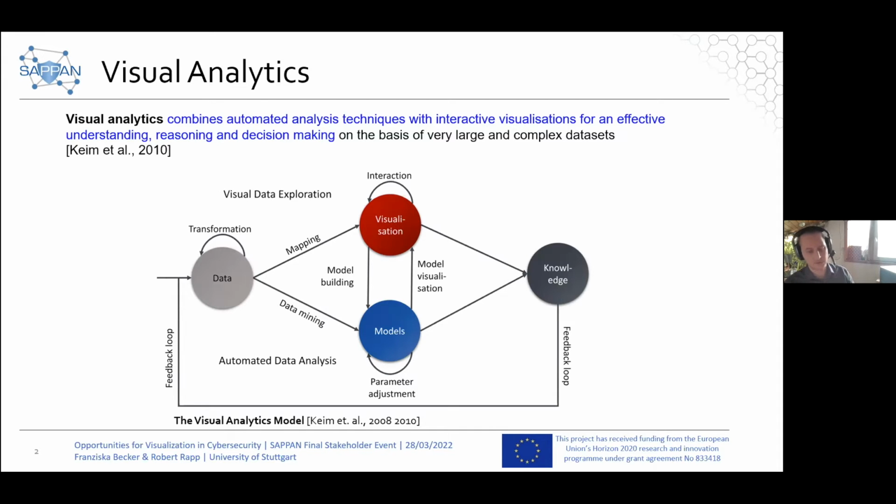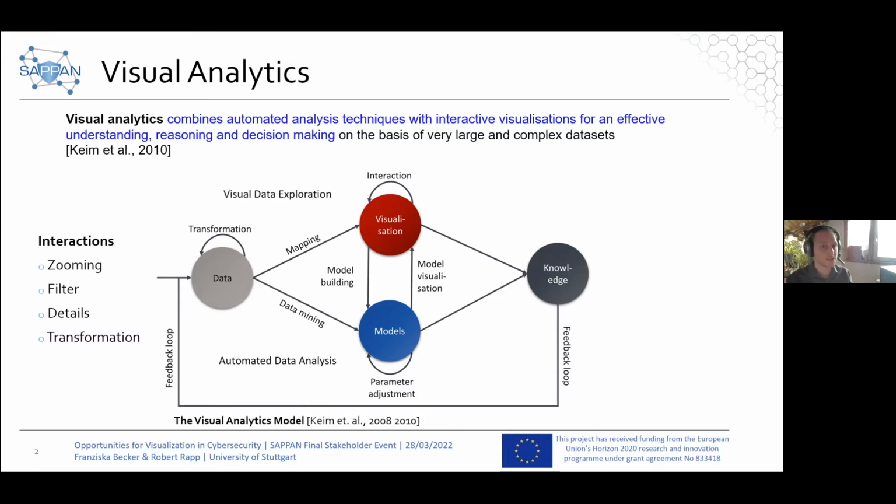We start mapping and create visualizations out of our data, and then use interactions like, for example, zooming and filtering, or showing more details, or transforming the representations.